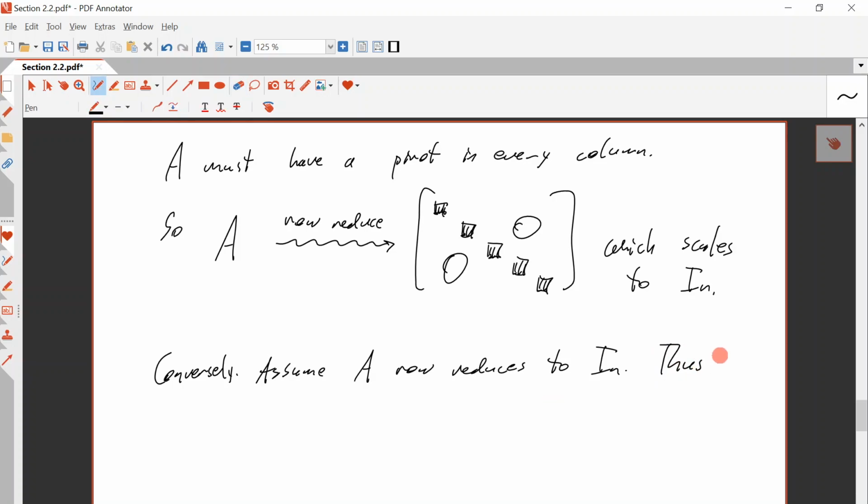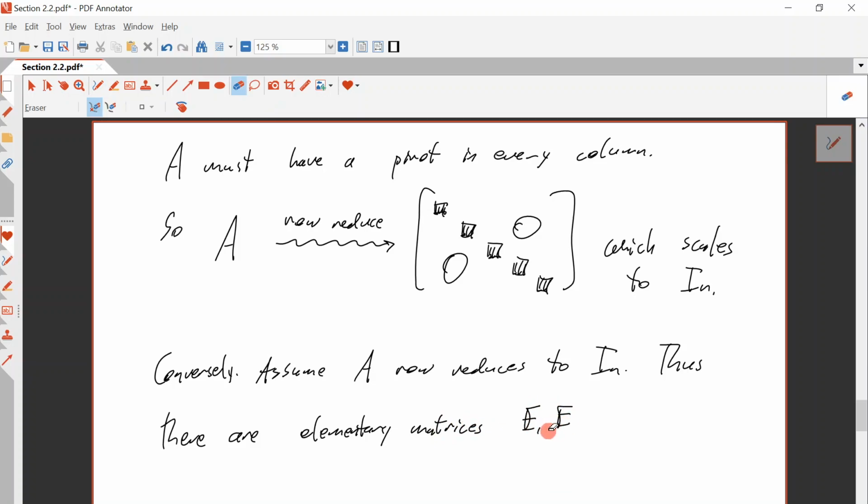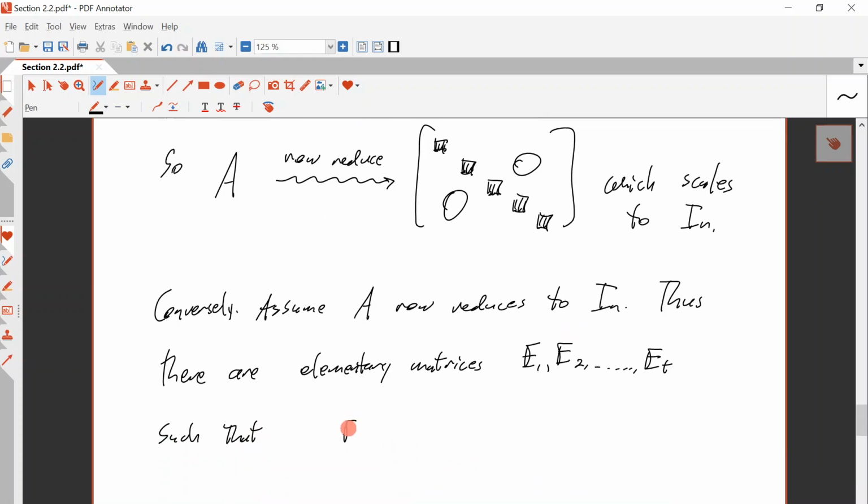Thus, there are elementary matrices E1, E2, ..., Et such that, these are the row operations, Et times ... E2 times E1 times A is equal to I. If A row reduces to I, there are elementary row operations that reduce you to I. But those elementary row operations come in the form of elementary matrices. So there's A inverse. It's just the product of those elementary matrices.